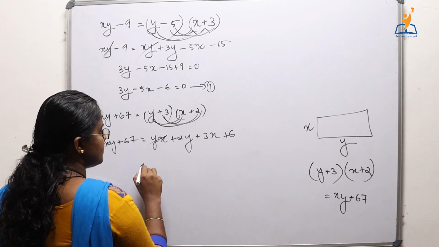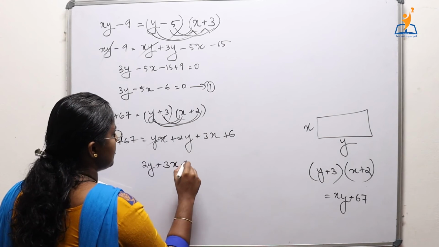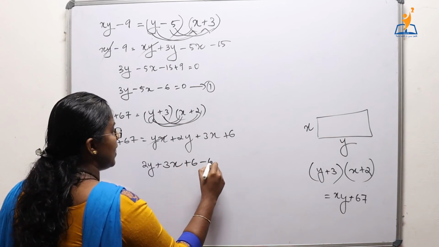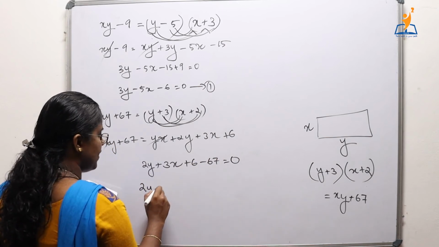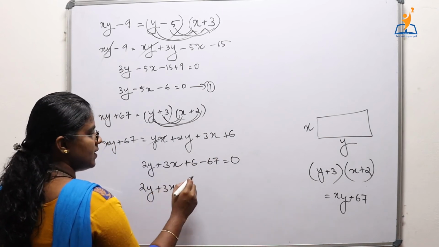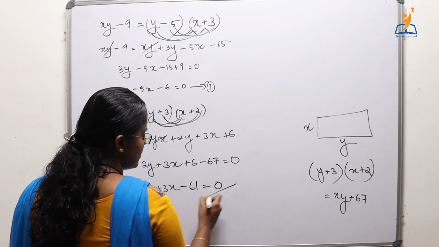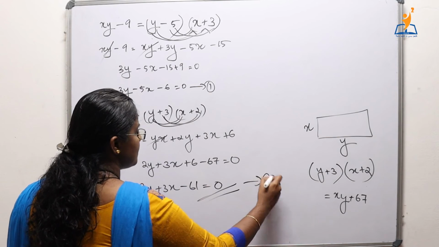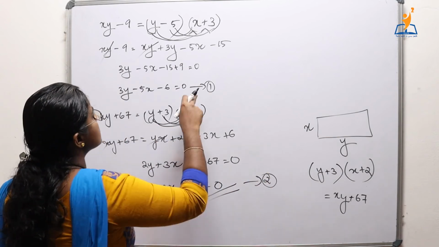We will get 2y plus 3x plus 6 minus 67 equals 0, which means 2y plus 3x plus 6 minus 67 is minus 61 equals 0. This is our equation number 2.